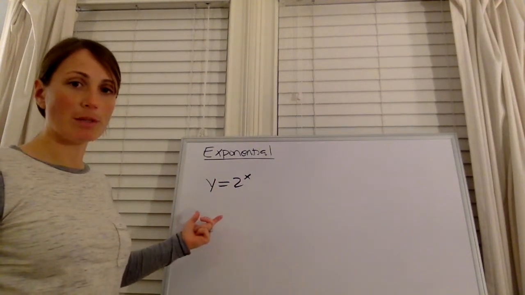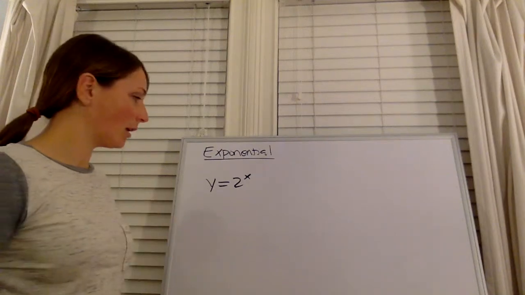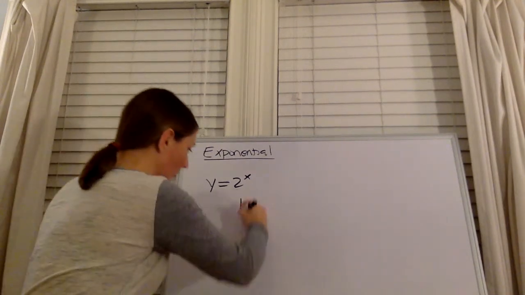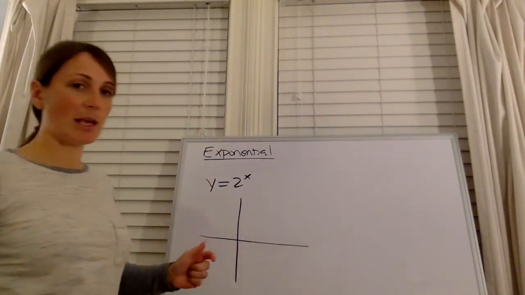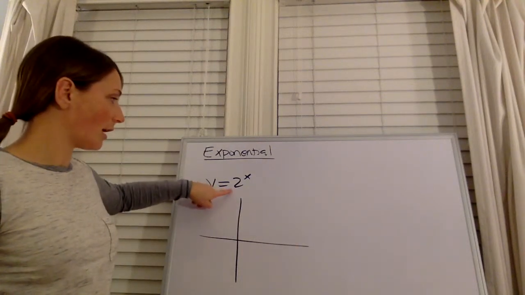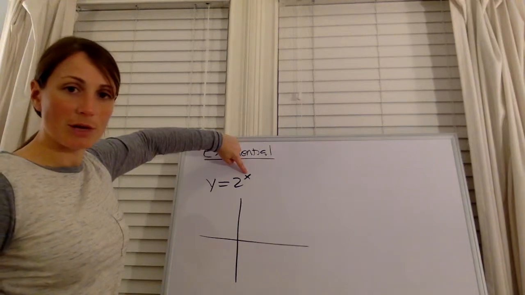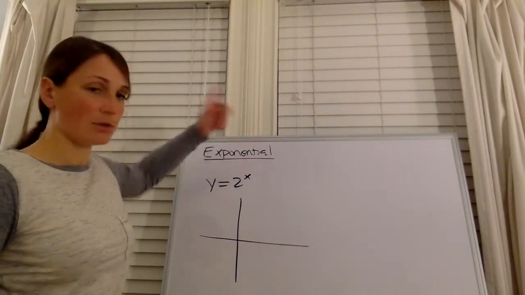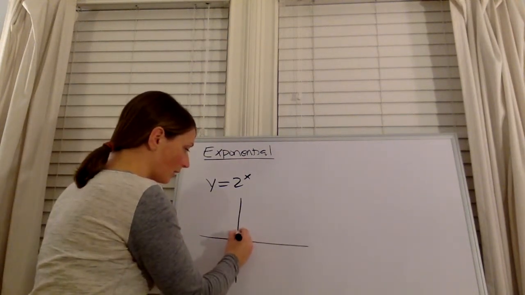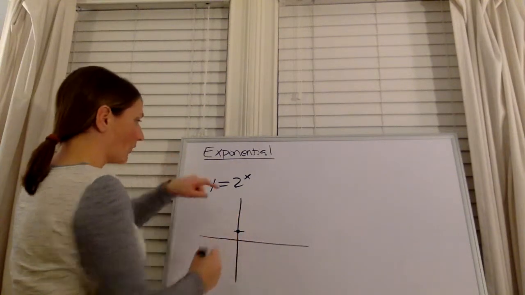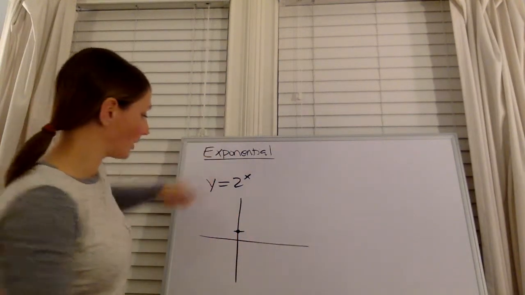There's a very basic exponential function, and you can pretty easily analyze the behavior of this function. We can see that with a simple table of values. If you plug in 0 for x, we get 2 to the 0, which is 1. Anything to the 0 power is 1. If we plug in 1 for x, we'll get 2.